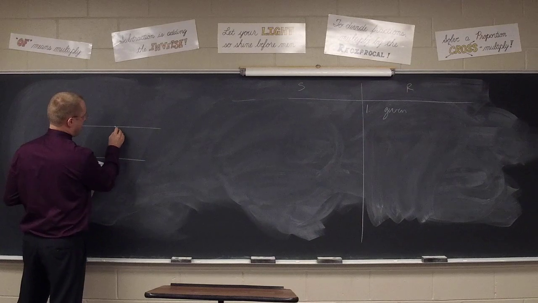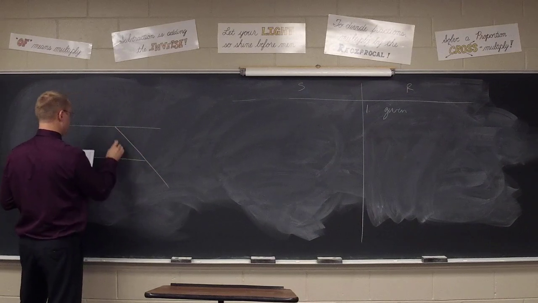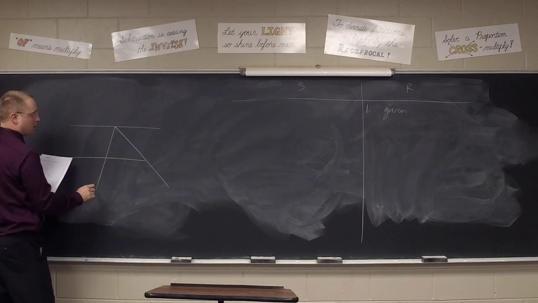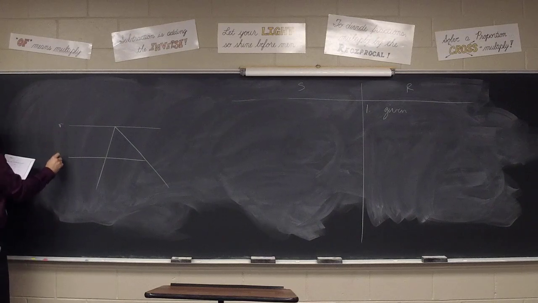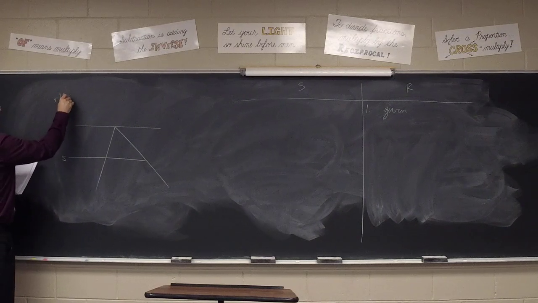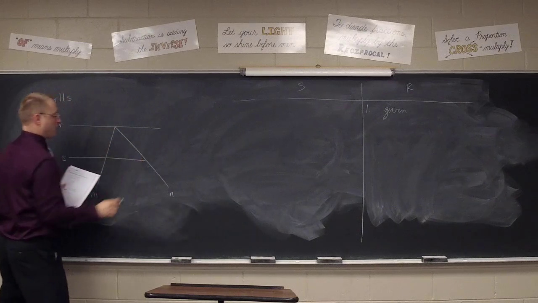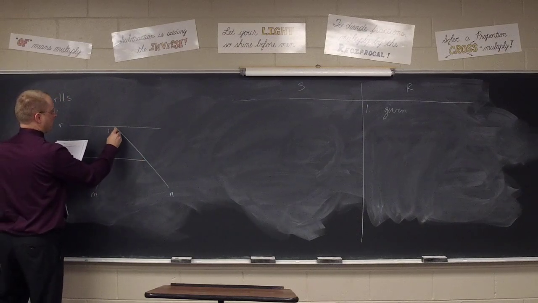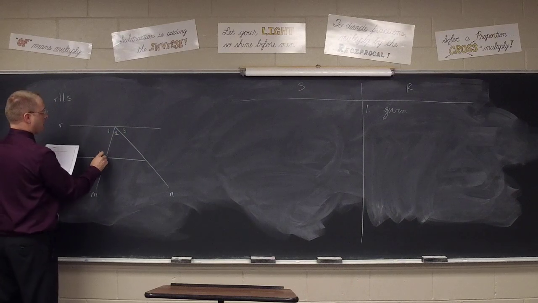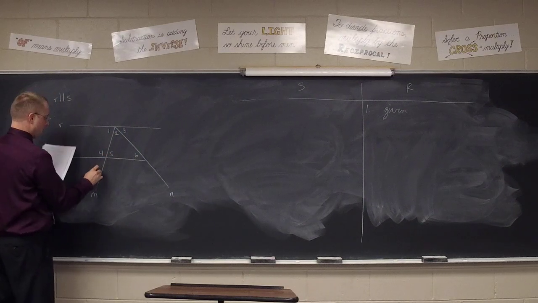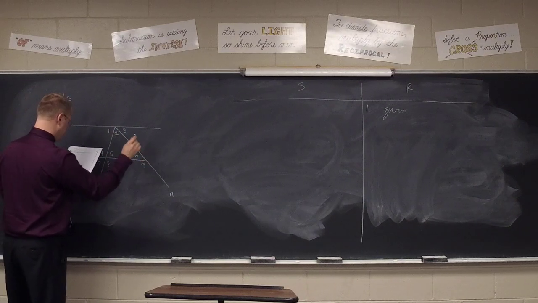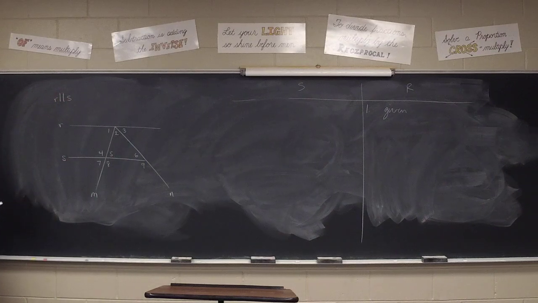Let's suppose we have these lines, and we'll say R and S are parallel. We'll have M and N as a couple of transversals. We're going to number the angles 1, 2, 3, 4, 5, 6, 7, 8, 9. I don't want you to find all the angles this time.